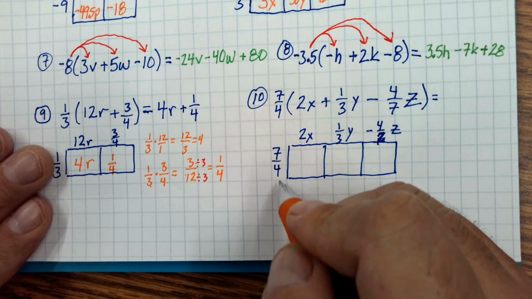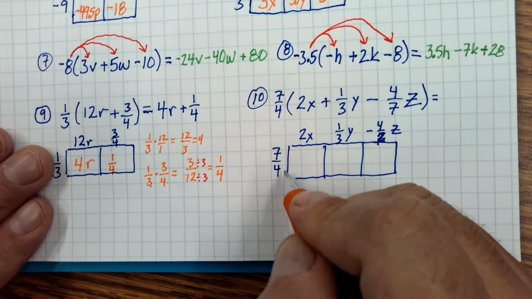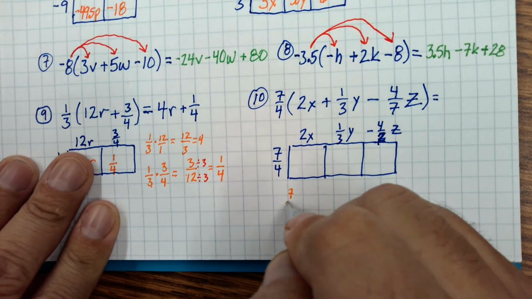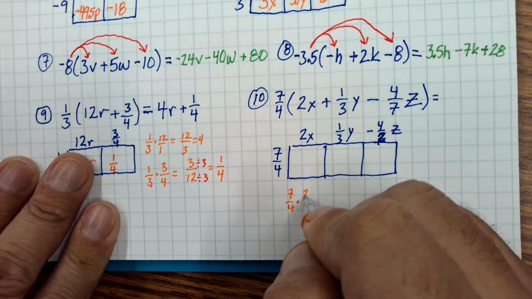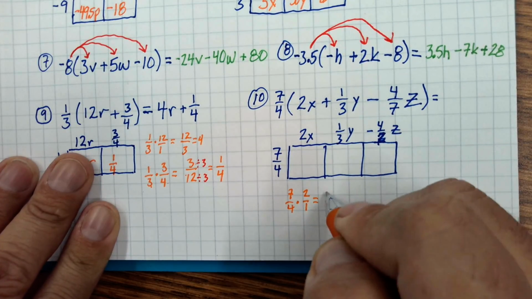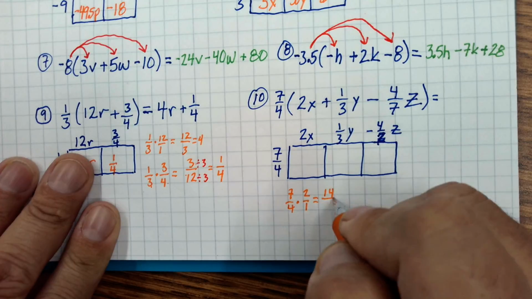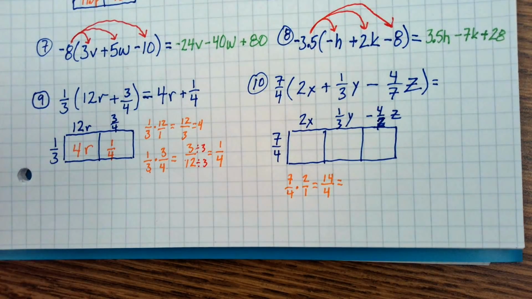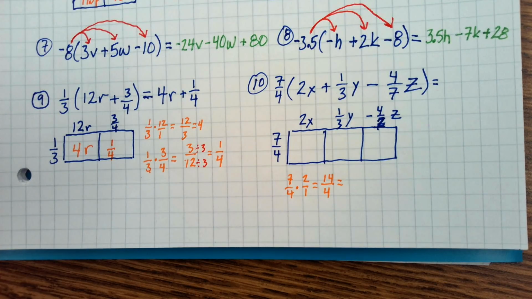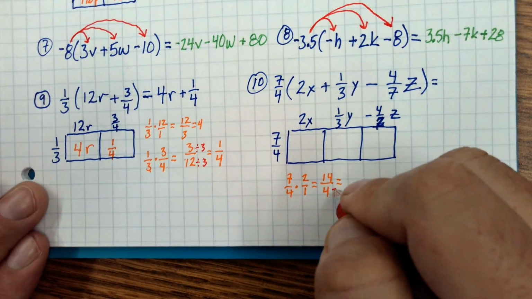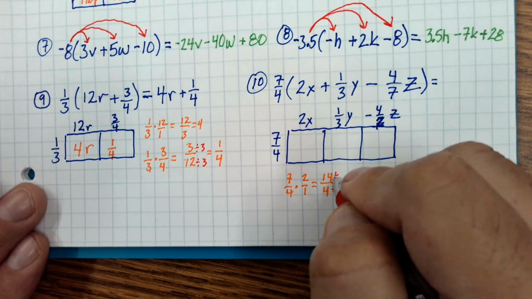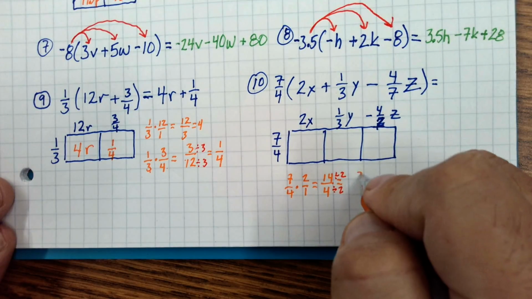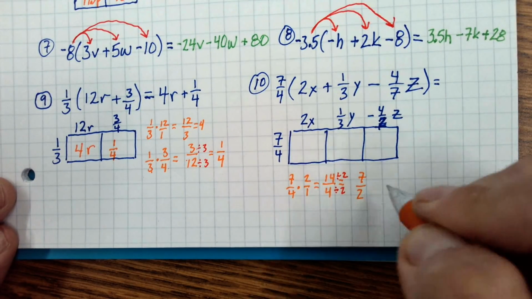We're going to multiply 7/4 times 2 over 1, and that's 14/4. But we can reduce that, right? Yeah, I can divide out 2 for sure. And that's going to be 7 halves.